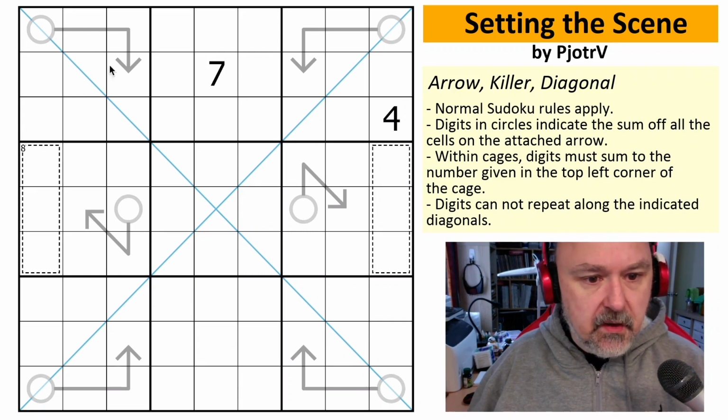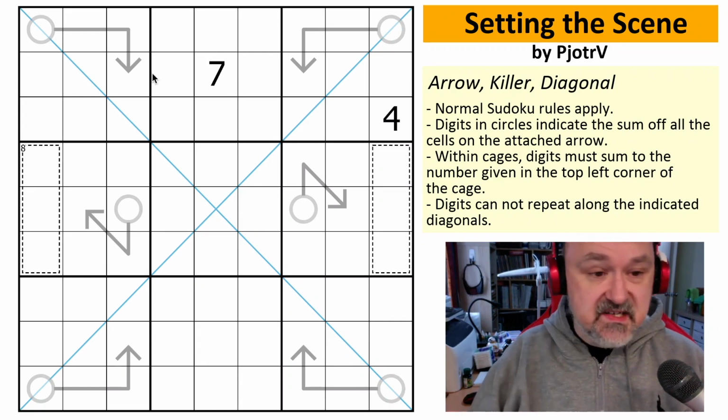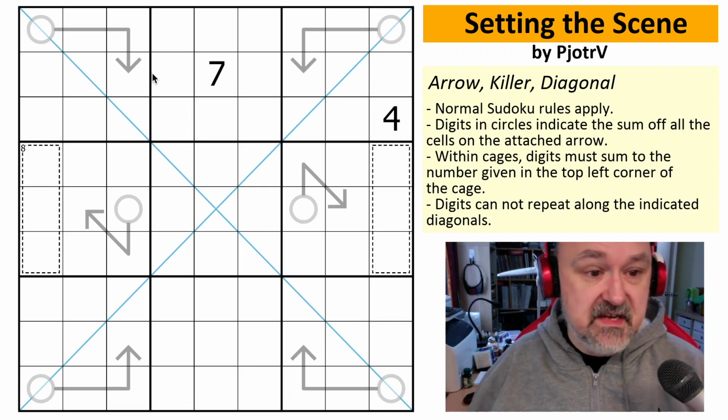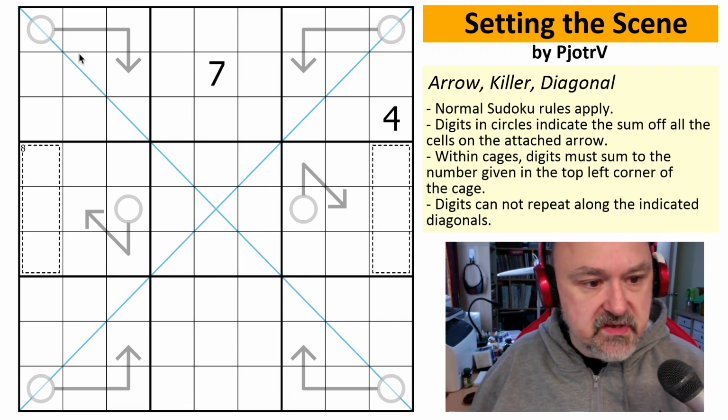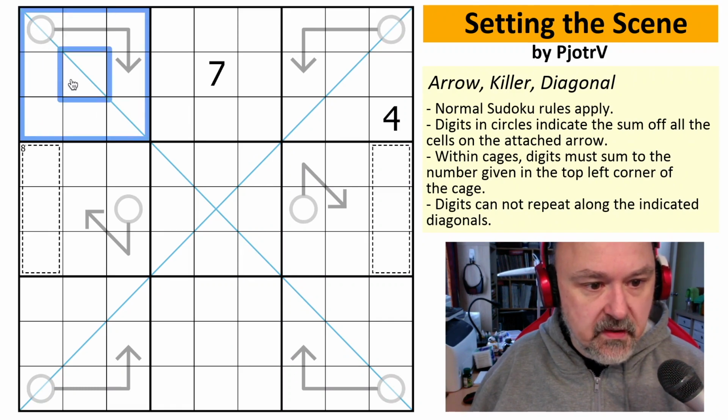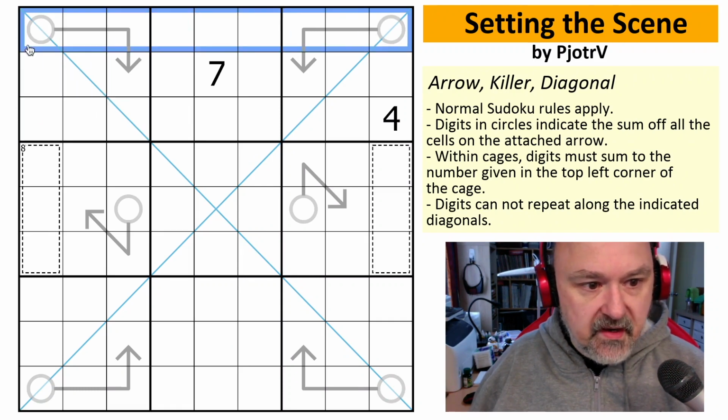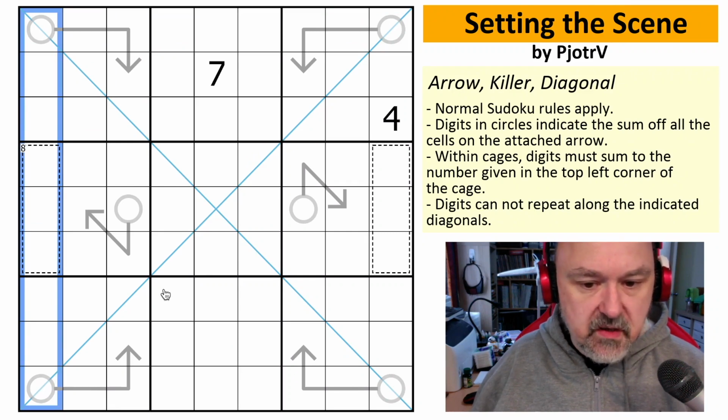This puzzle is called Setting the Scene, so let's set the scene. Normal Sudoku rules apply. In every box, in every row, and in every column, the digits 1 to 9 must be placed without repetition.